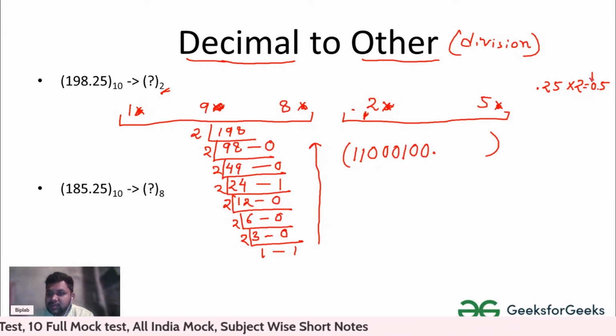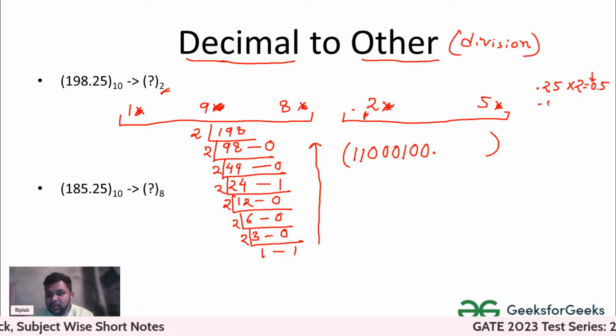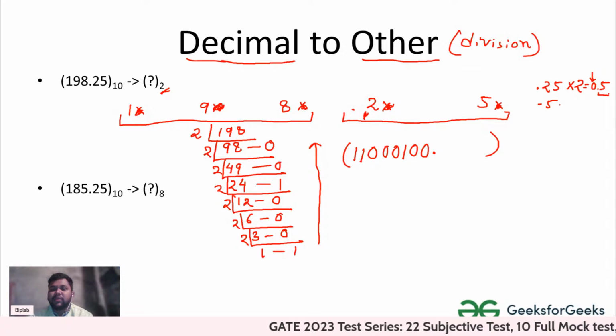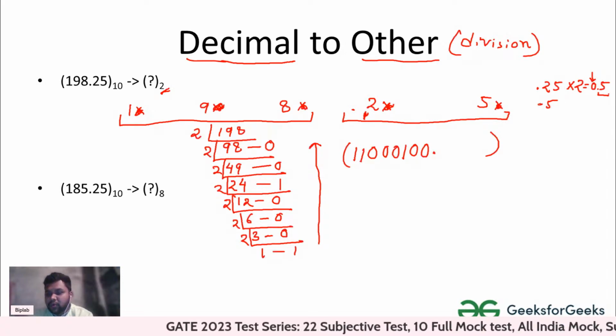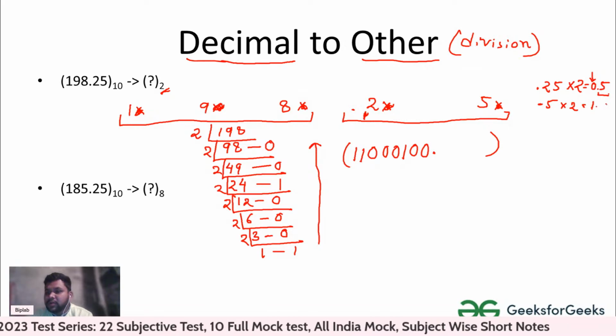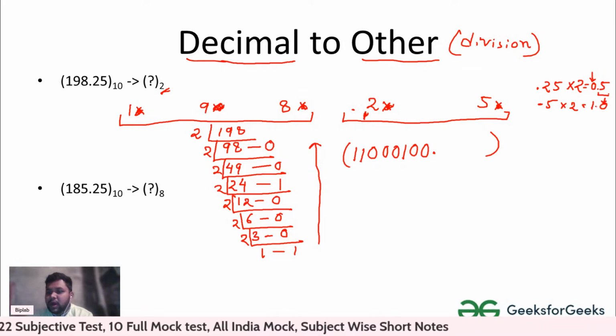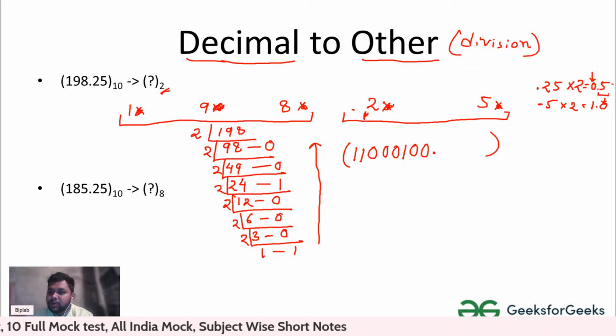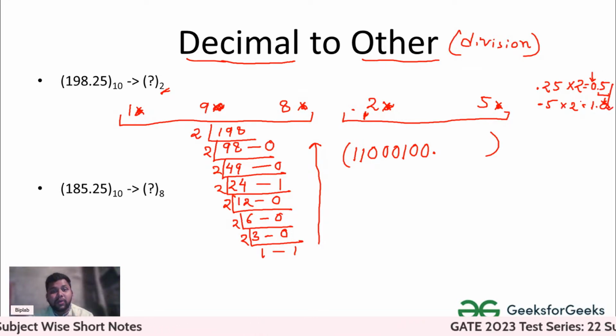Take this digit as your answer. Now again do multiplication with the rest of the digits after the floating point. 0.5 into 2 equals 1.0. When you get 0 after the point, just stop. What is your result? Here you will see your result from top to bottom.